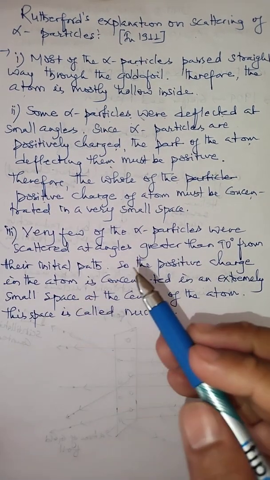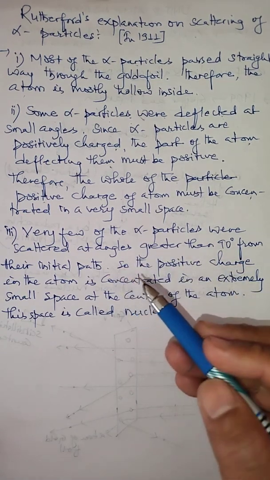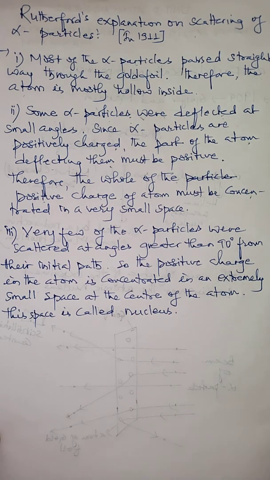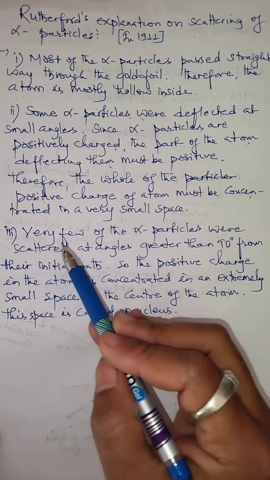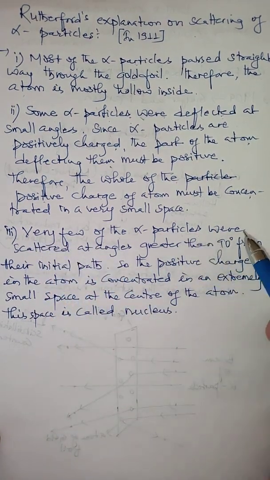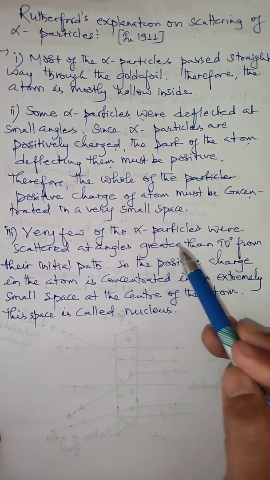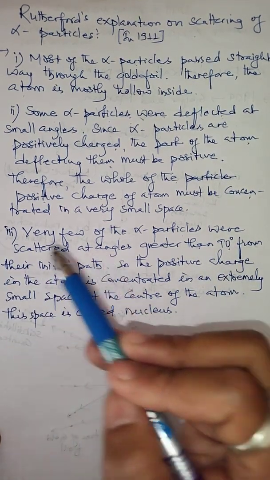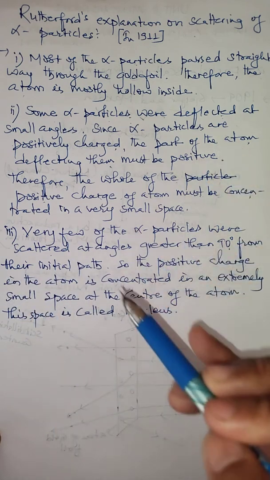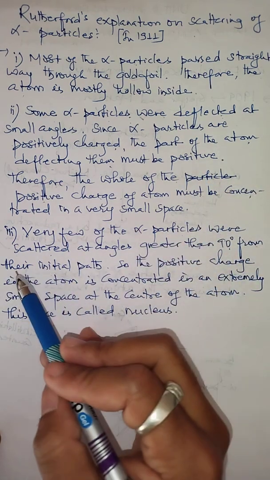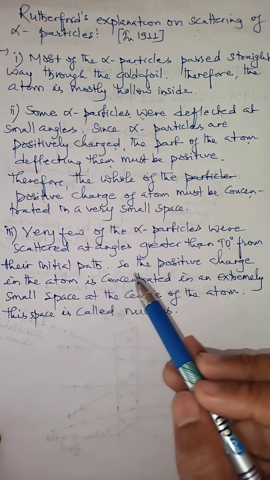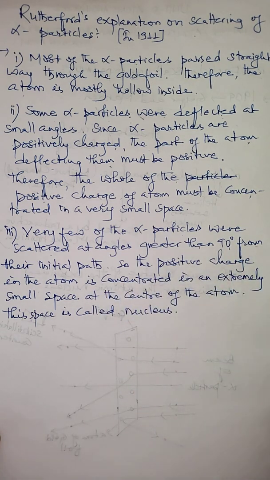Now the third and the most important observation and explanation which was made by Ernest Rutherford is that he found that very few of the alpha particles were scattered at angles greater than how many degrees? 90 degrees from their initial path. Meaning when the alpha particle was made incident on the atom of gold foil, very few alpha particles were found to be deflected with an angle greater than how many degrees? 90 degrees.